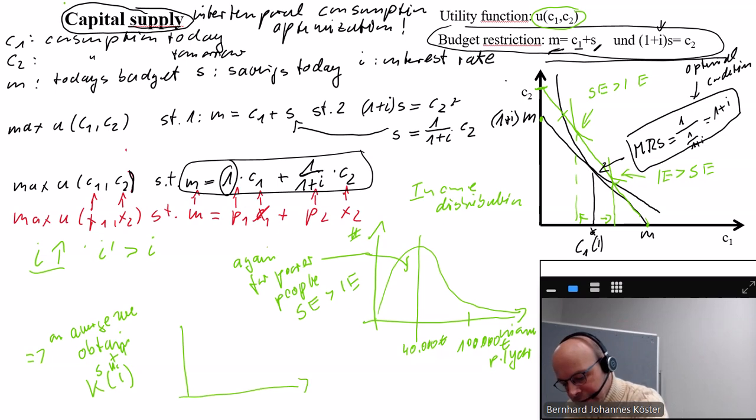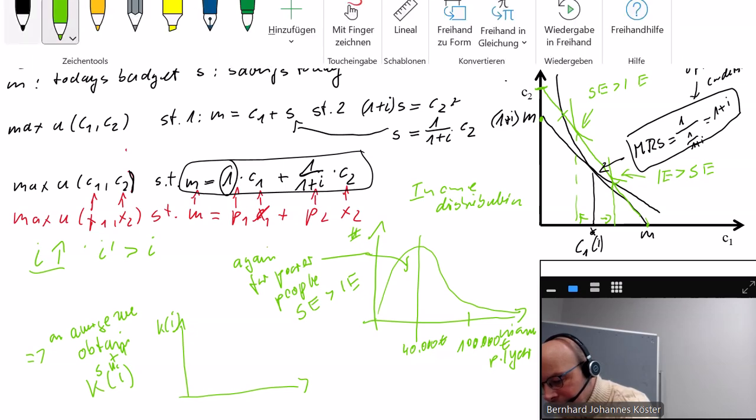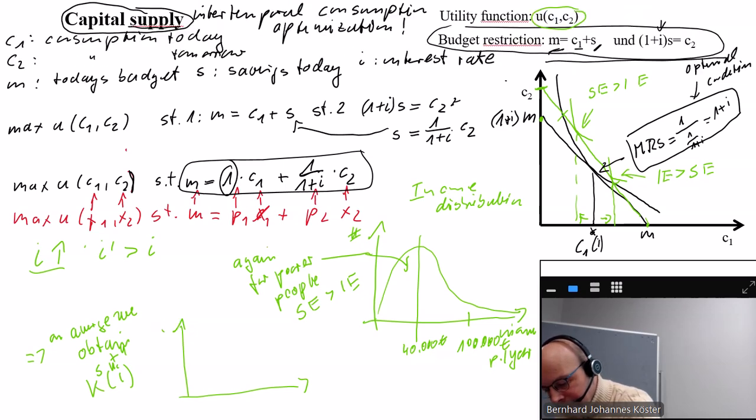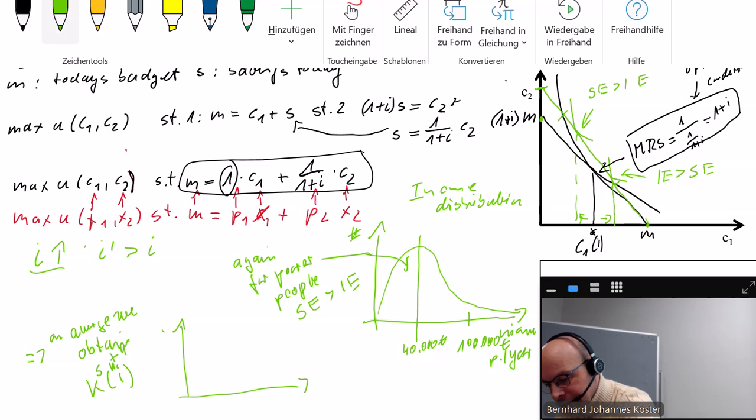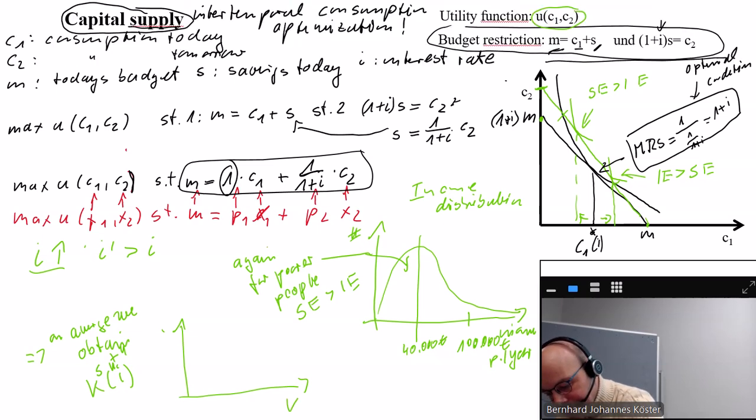Or looking at this the other way around, we are putting this capital on the horizontal axis. Capital supply as a positive function of the interest rate.